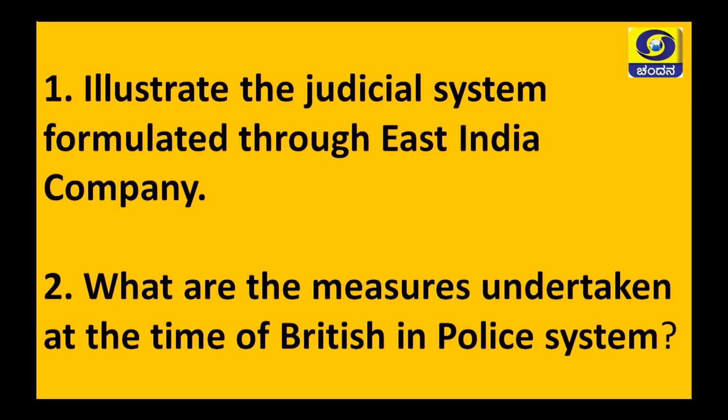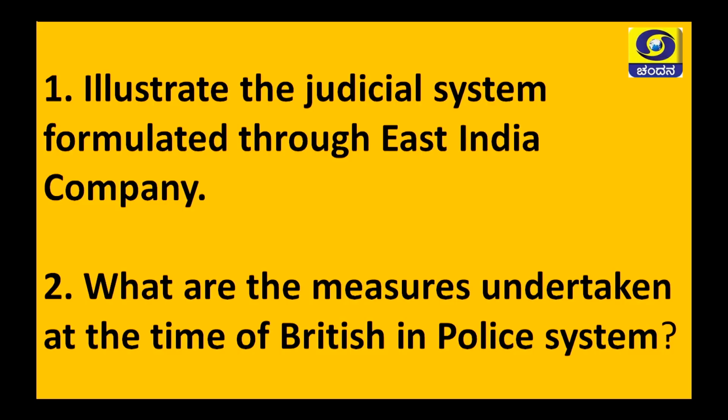Answer the following. The first question here: illustrate the judicial system formulated through the East India Company. The judicial system of the British, which was introduced by Warren Hastings, had two types of courts in every district. One was called the Diwani Adalat, the civil court.